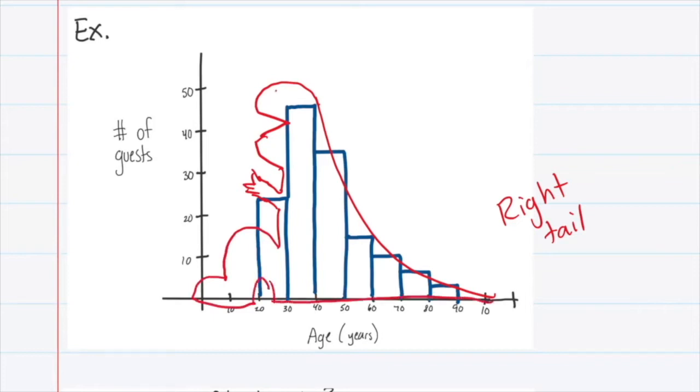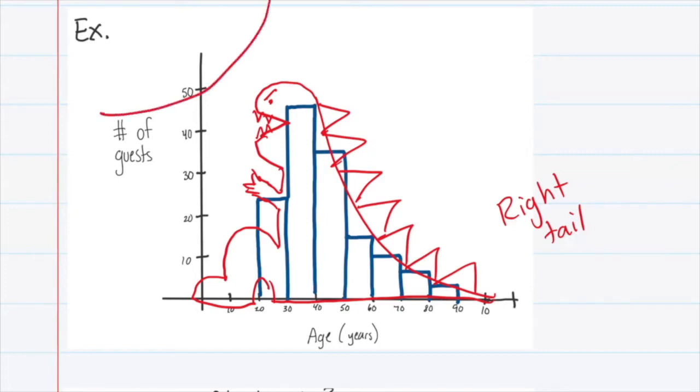Angry dinosaur with claws and this little back stuff. So it's like a little dinosaur, and you see how it has a tail going to the right. So when the data goes this way, it's a right tail. If the dinosaur was going on the other side with the tail this way, that would be a left tail. That's a good way. It helps me memorize it.